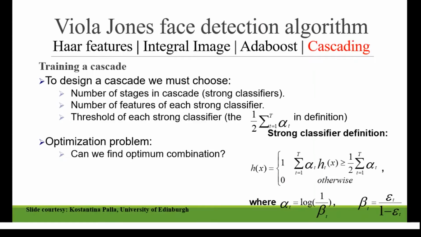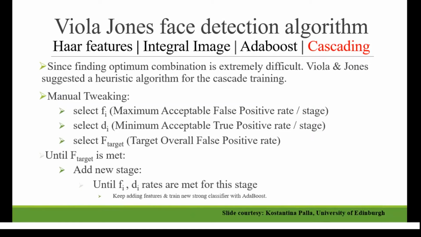To design a cascade, we must choose the number of stages, the number of features each strong classifier should have, and a threshold value for each strong classifier. Since finding the optimum combination is extremely difficult, Viola Jones suggests a heuristic algorithm.